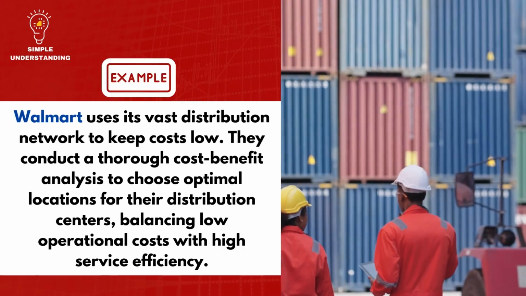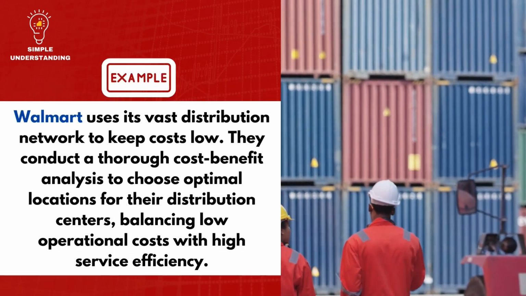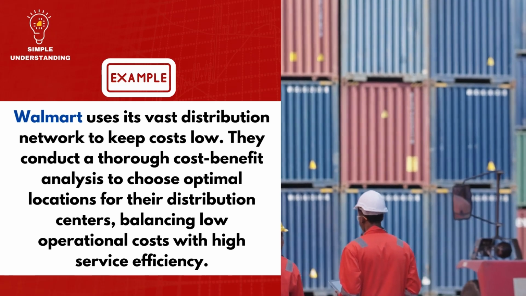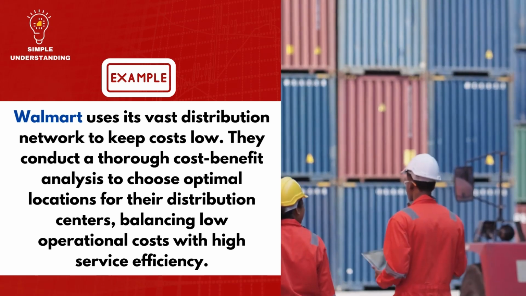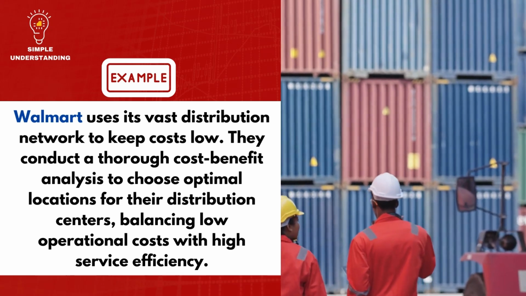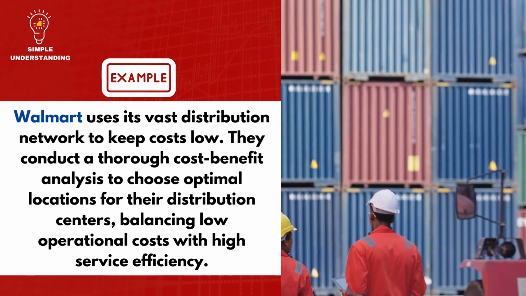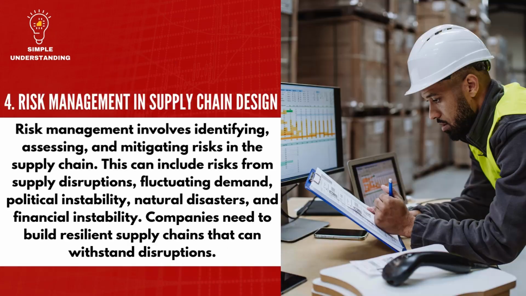Example: Walmart uses its vast distribution network to keep costs low. They conduct a thorough cost-benefit analysis to choose optimal locations for their distribution centers, balancing low operational costs with high service efficiency.